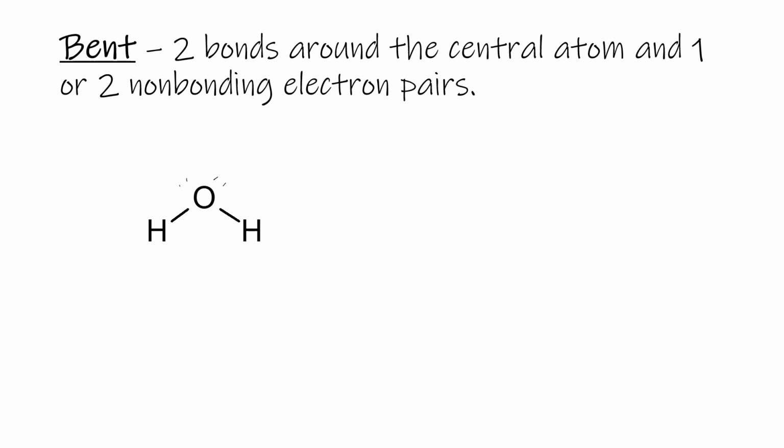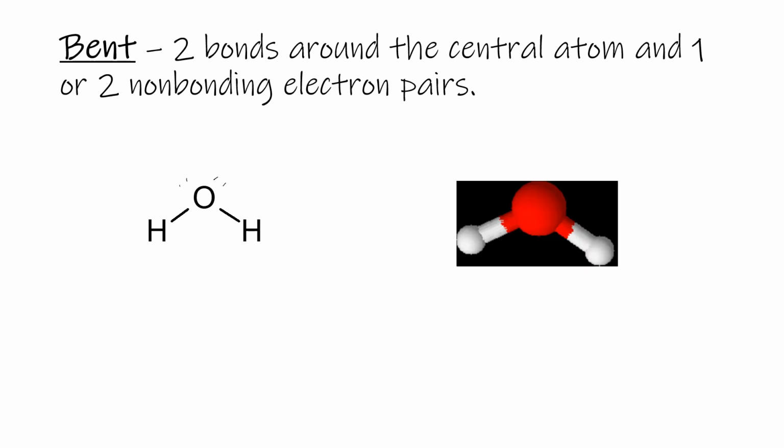So you have four groups of electrons. Those electrons have a tetrahedral arrangement, but the molecule itself has a bent arrangement because the non-bonding electron pairs take up space and push those other bonds down, and so it ends up with a bent shape.